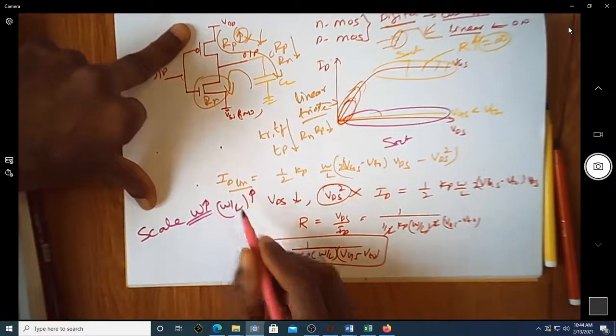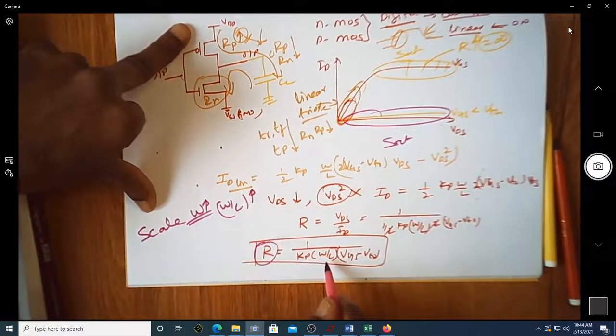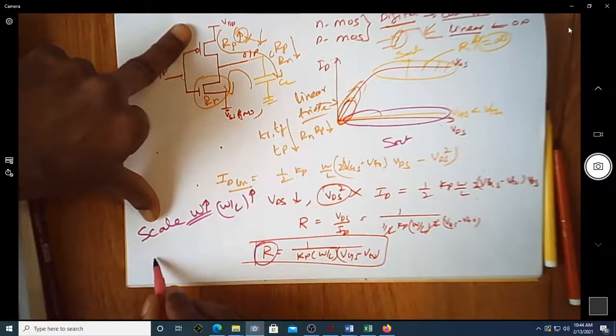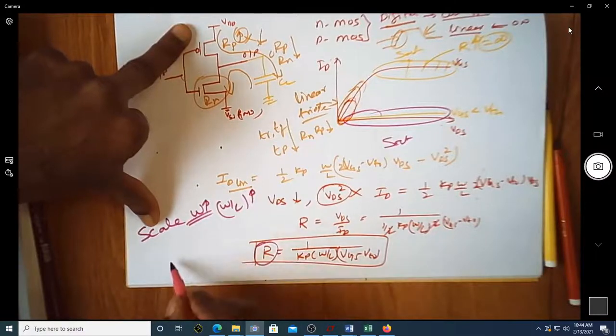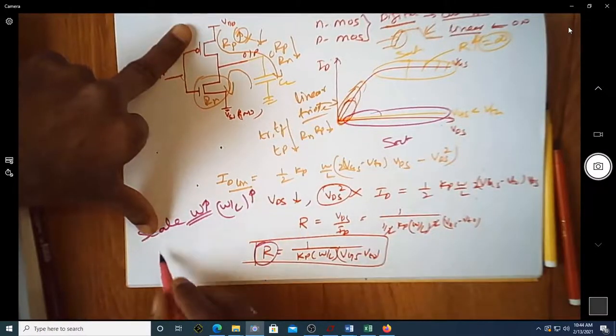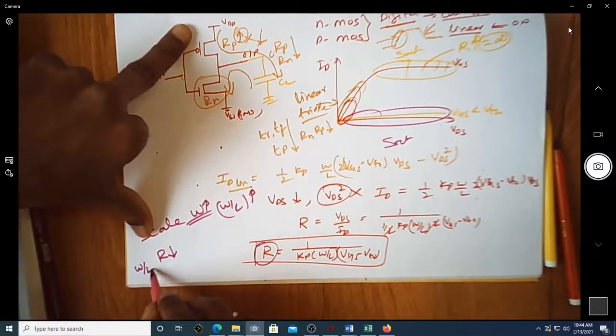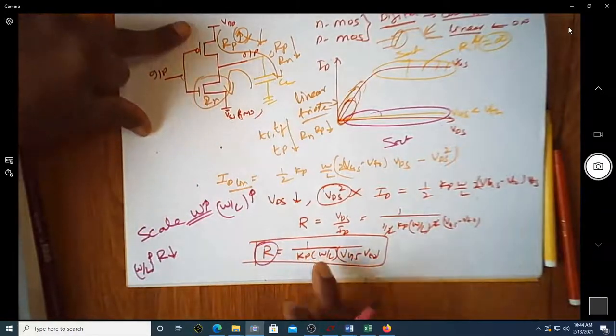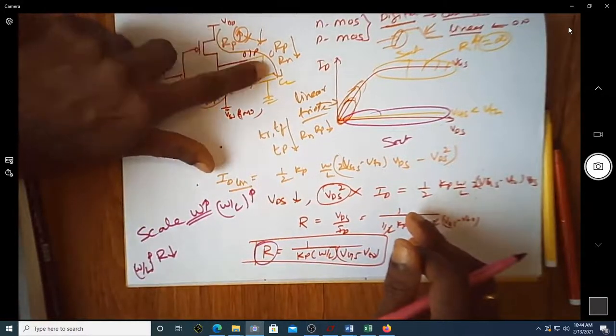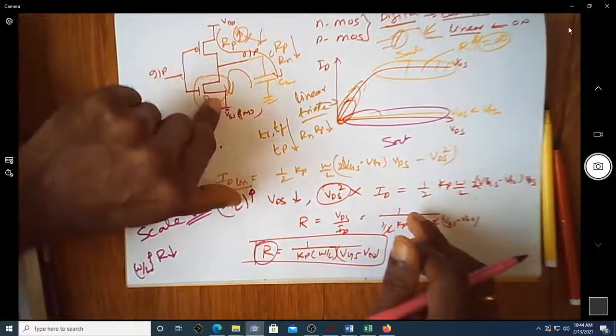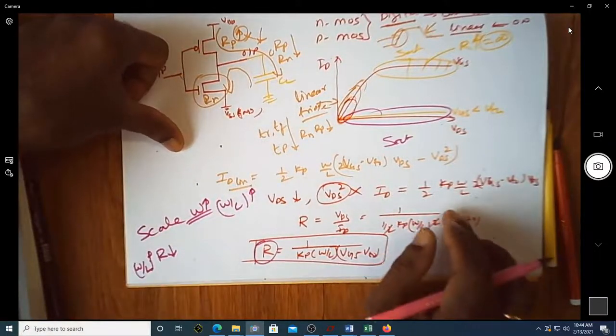When W by L is increased, as per this equation, as you increase the dimension of the MOSFET, especially the width, the resistance is going to come down. So as you increase the W by L ratio, the resistance of the MOSFET, which is responsible for both charging as well as discharging, is going to be reduced.